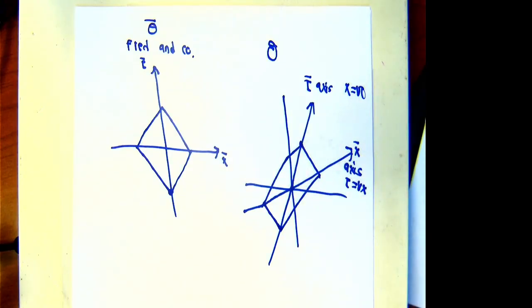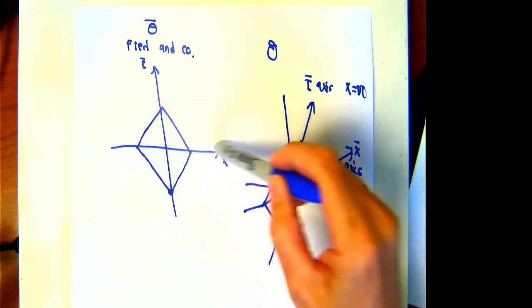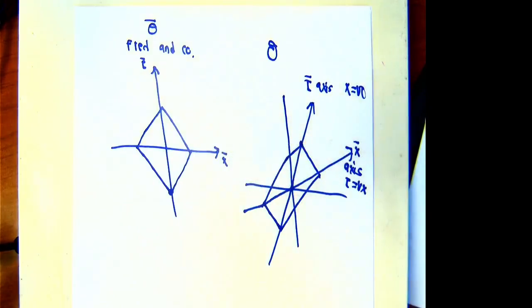It's hard to know how to express just how bad this is, though. Over here, the points on the x-bar axis are the points where t-bar is equal to 0. The points on the x-bar axis represent things that happen at the same time.